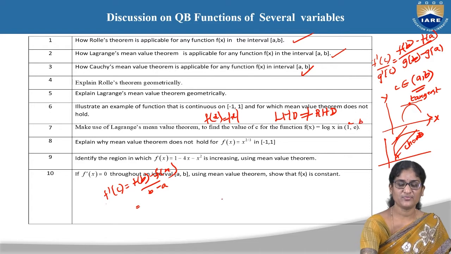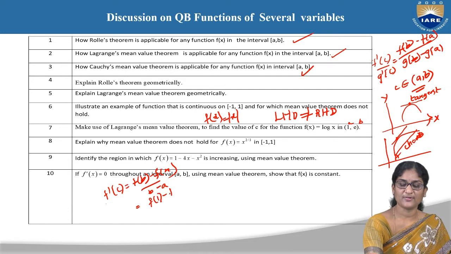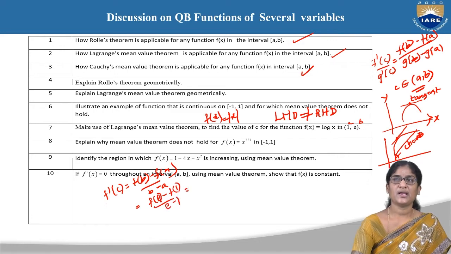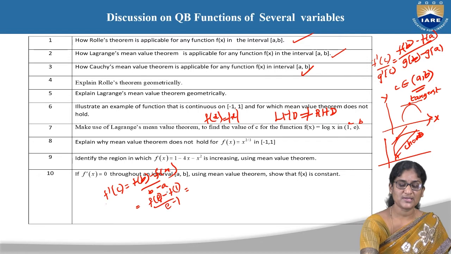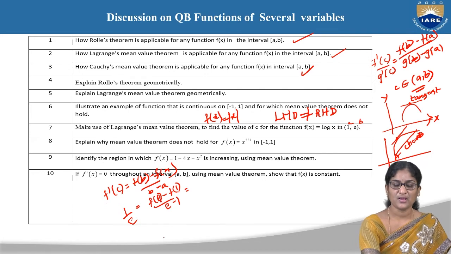So if you substitute, f of e minus f of 1 by e minus 1 is equal to the derivative of log x, that is 1 by c. So 1 by c is the derivative of log x, and when x is replaced by some point, we get 1 by c.